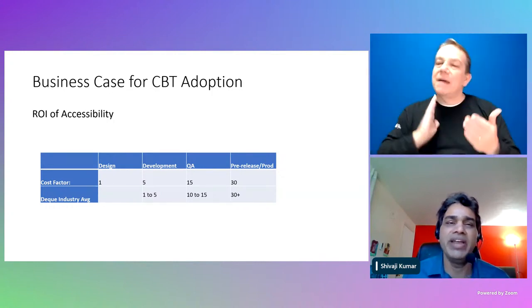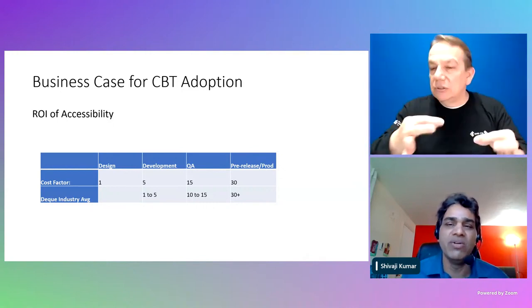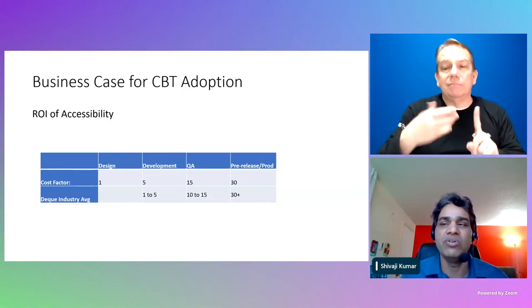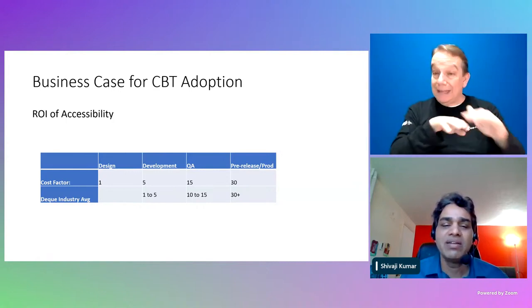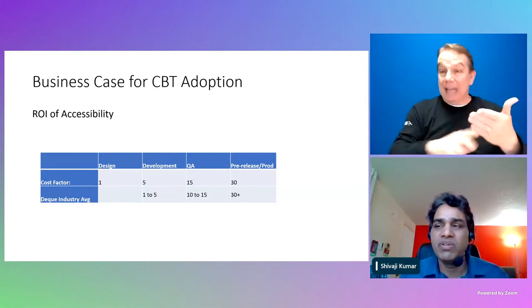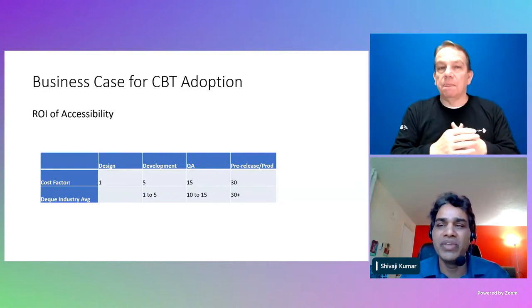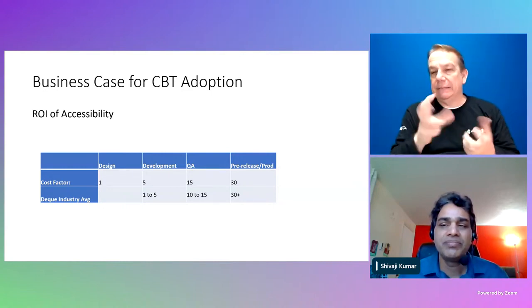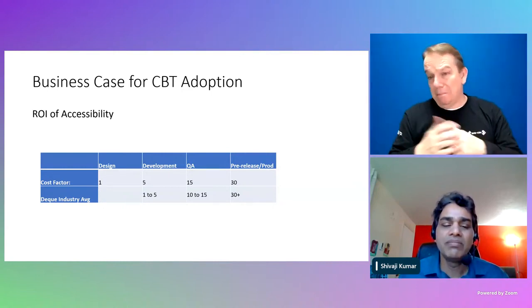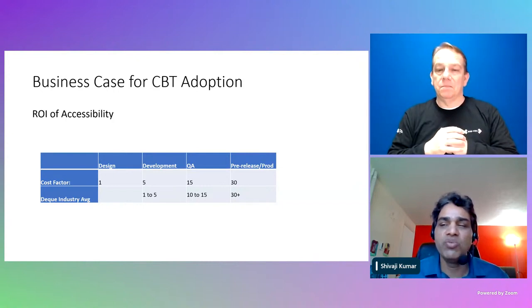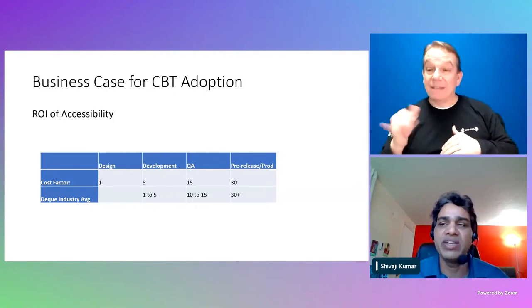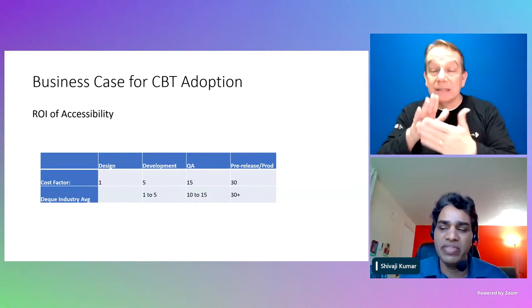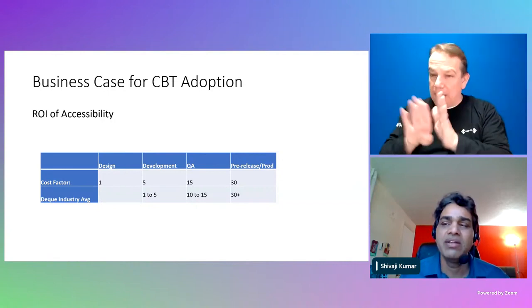And I'm going to expand on some of these issues. If you were to start with accessibility at the design phase, there is hardly any investment there, right? The cost factor is just 1. It rises to 5 if you were to start addressing accessibility at the development phase.